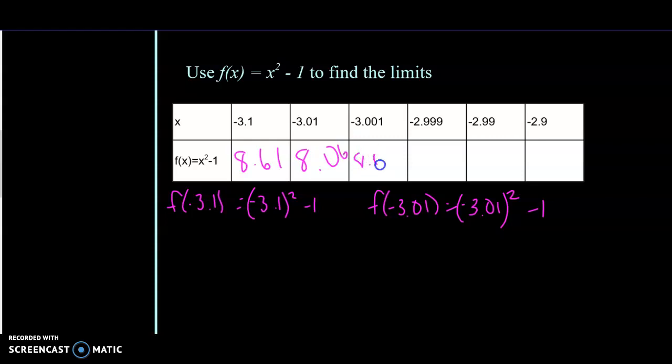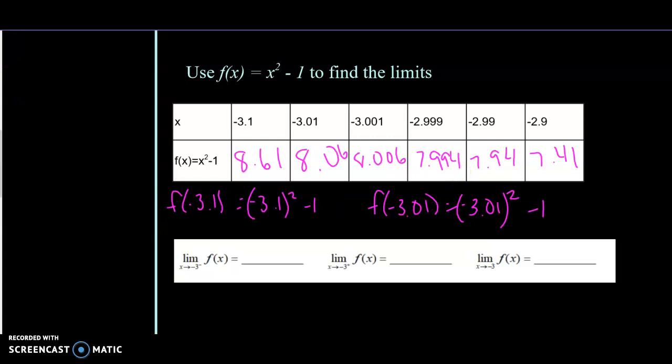This is 8.006. 7.994. 7.94. 7.4. So I have filled in my table.